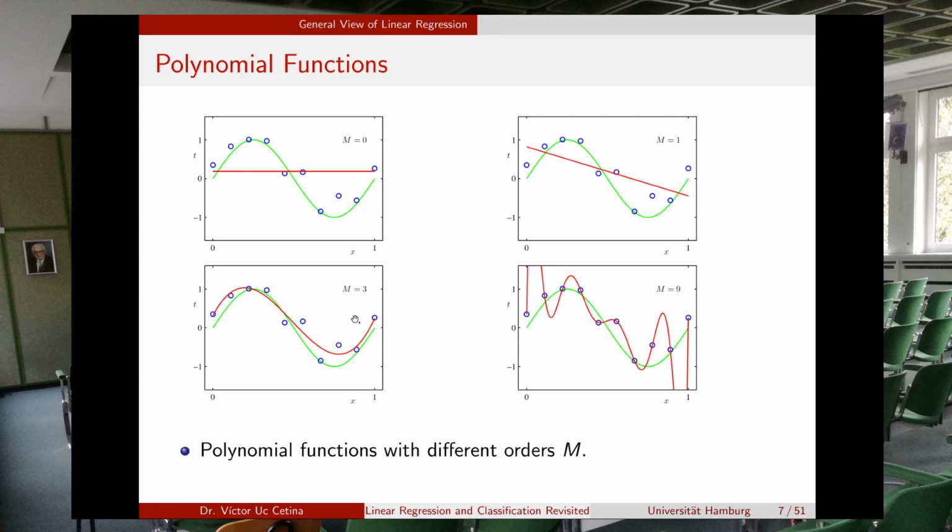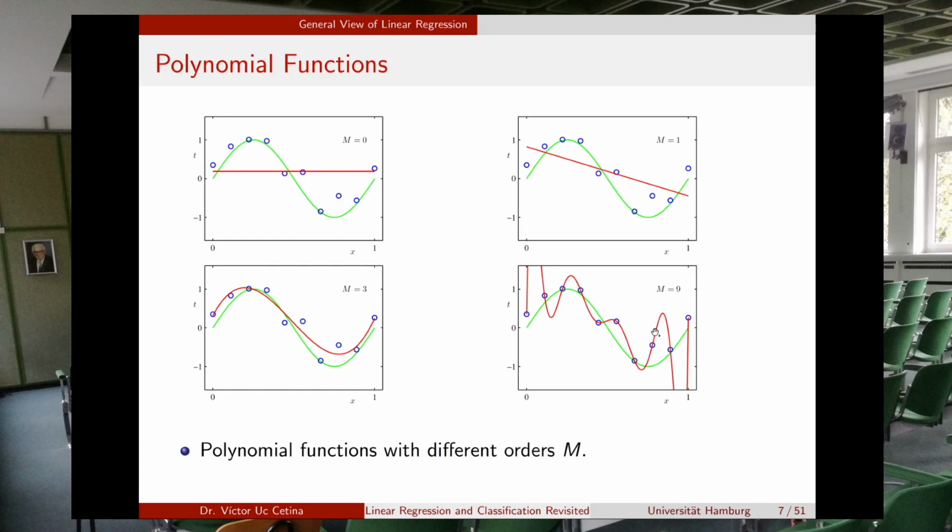And if you compare the model with degree 3 versus the model with degree 9, the model with degree 3 is going to generalize better, because with the degree 9 model, for example, if you evaluate a point over here, the real value should be something like here in the green curve, but the model is going to tell you something above here.